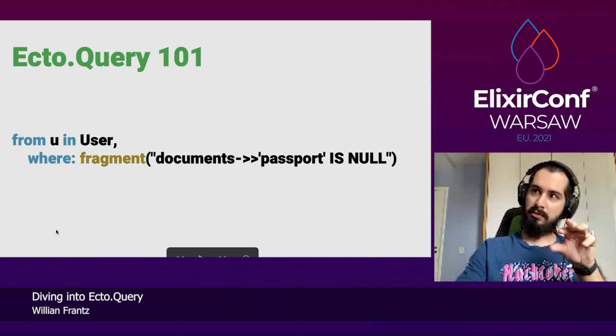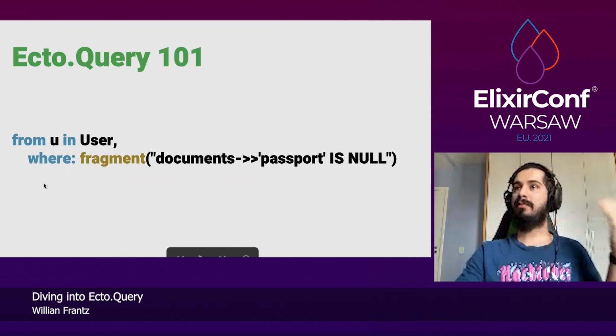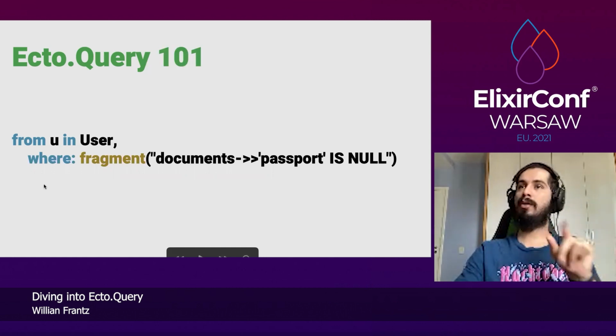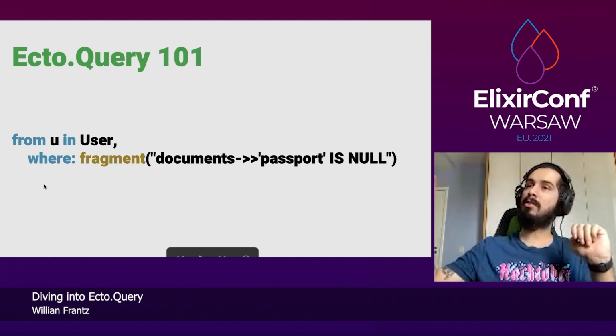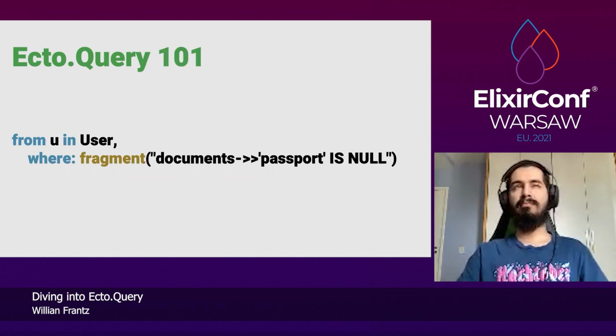So the output for this query would be Ecto.Query with the arguments from user where fragment documents passport is nil. And what this query is actually doing is, let's suppose that we have a documents field inside of our database, and this documents field is actually a JSONB that was indexed using a GIN index.